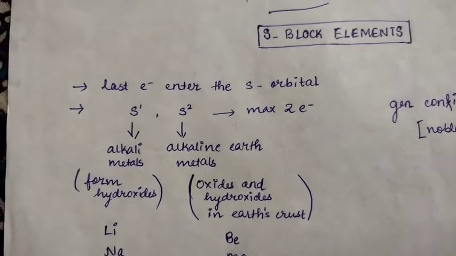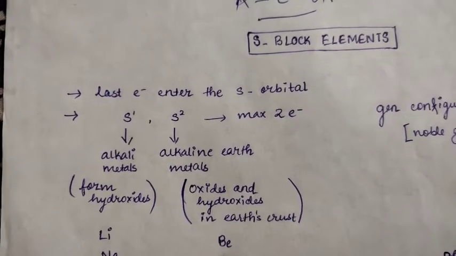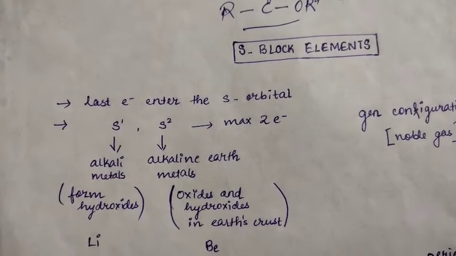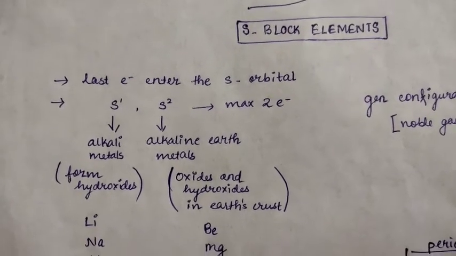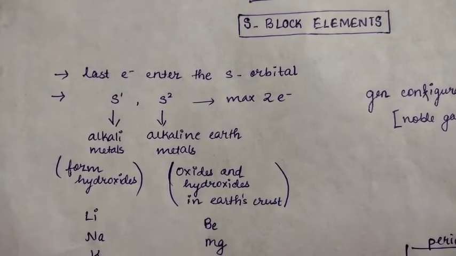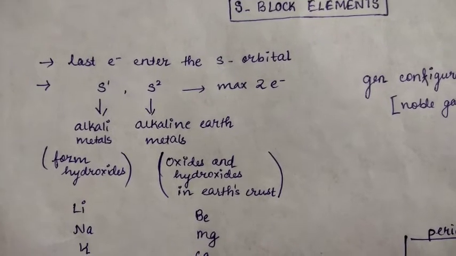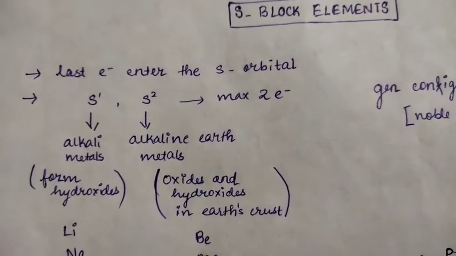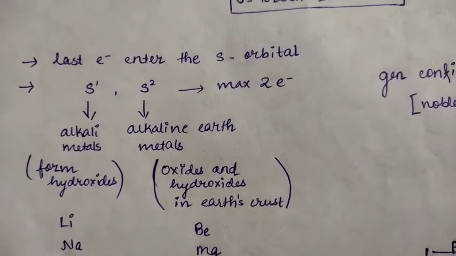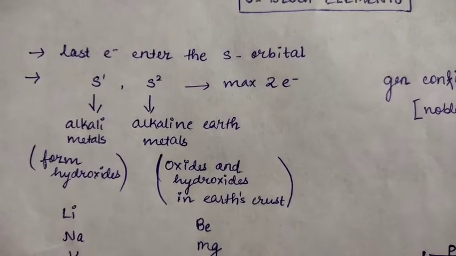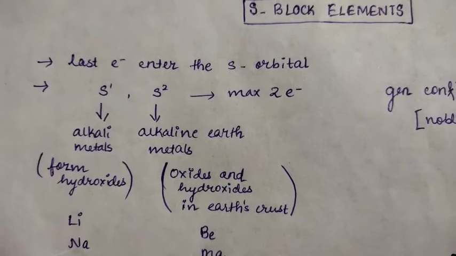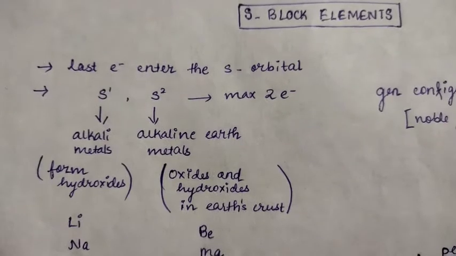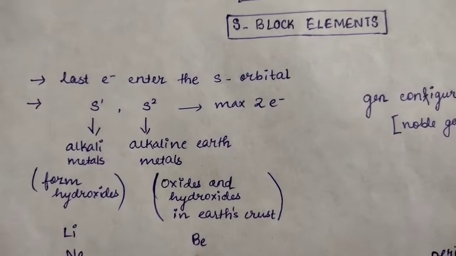But if 2 electrons are there, like for magnesium, whose atomic number is 12 just after sodium, right? So at the last 2 electrons are left and they can enter the S orbital. These are known as the alkaline earth metals. Now we have talked about sodium and magnesium, 3s1, 3s2, but there can be 4s1, 4s2, 5s1, 5s2.